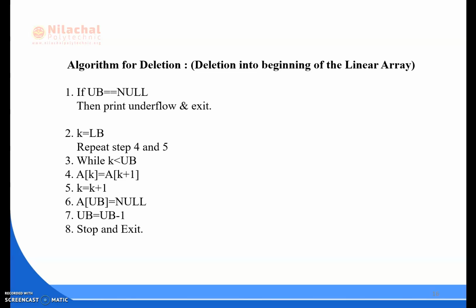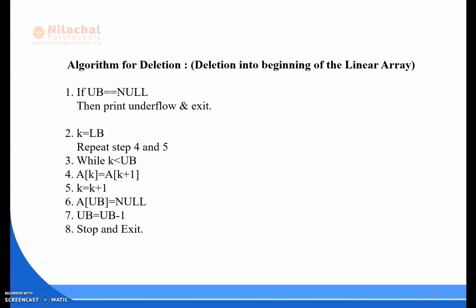So for checking that, the first step we need to do in each and every deletion operation, either it may be at the beginning of the linear array or at the end of the linear array or at any location of the linear array, is to check if the upper bound is equal to null.